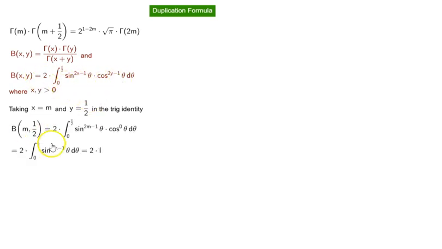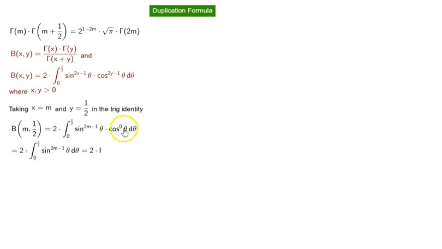Okay, so what happens? We get beta of m comma half is equal to 2 times the integral 0 to pi by 2 of sine to the power of 2m minus 1 theta times cos to the power of 2y minus 1 theta. So y is 1 by 2, so 2 times 1 by 2 minus 1, which is 1 minus 1, which is 0.